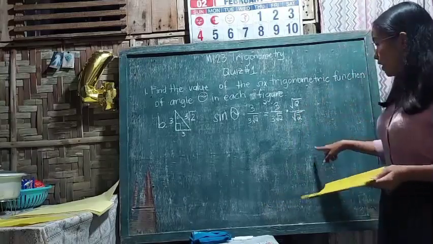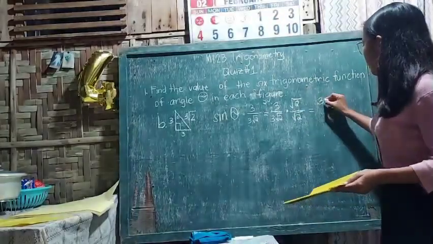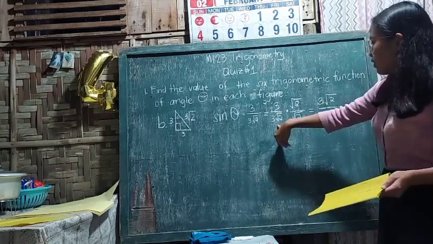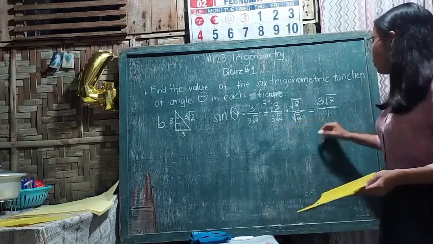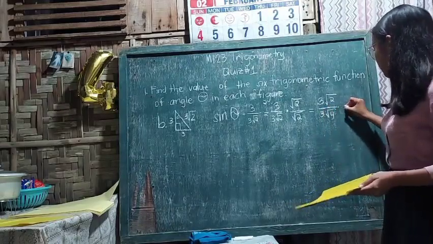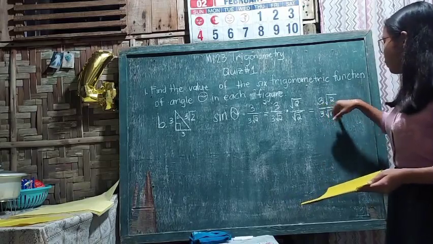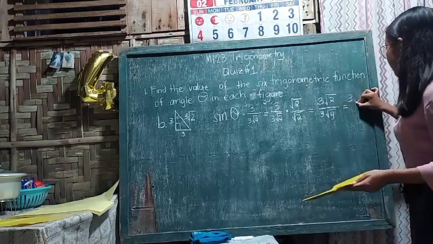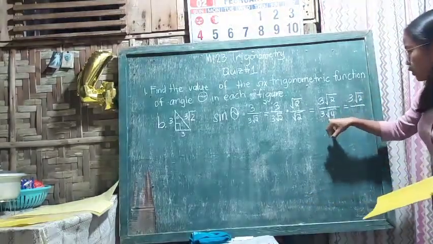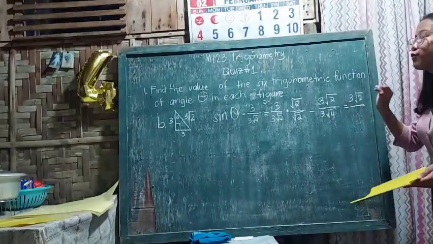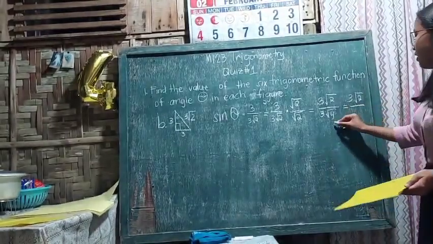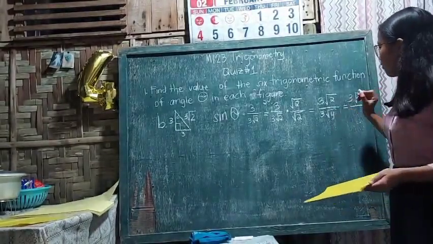So we are going to multiply it, and the numerator would be 3 square root of 2. In the denominator, 3 square root of 2 times square root of 2 would be 3 square root of 4. Square root of 4 is a perfect square, so the value of square root of 4 is 2.